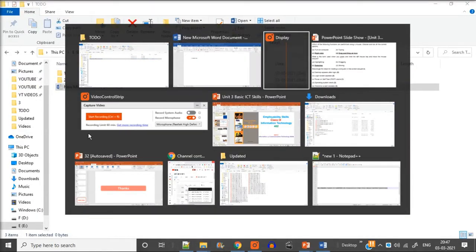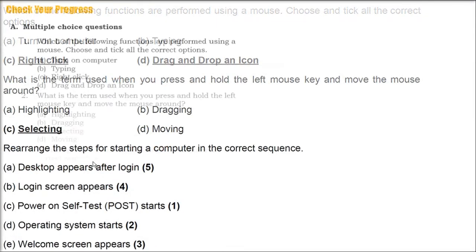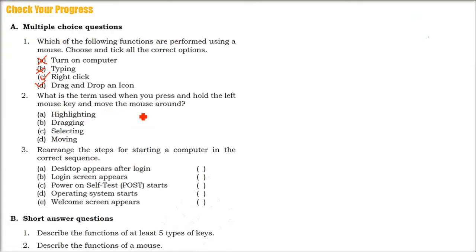This is selecting. You might be confused with highlighting and dragging and moving. It's not. It's basically selecting, because the question is specifically asking about pressing the left button and then moving the mouse around. Dragging is simply when you press and then you leave the mouse somewhere.